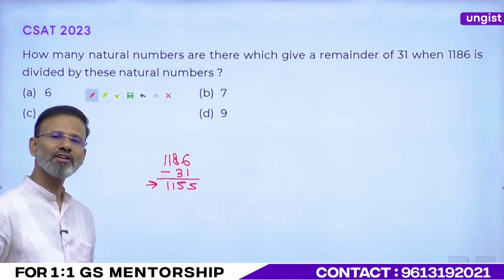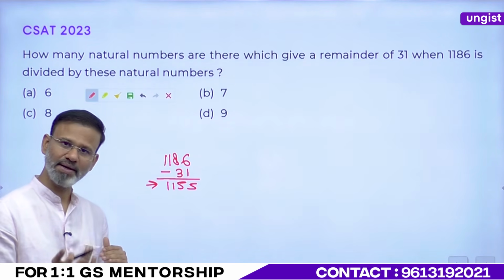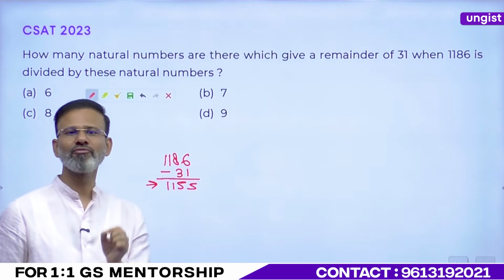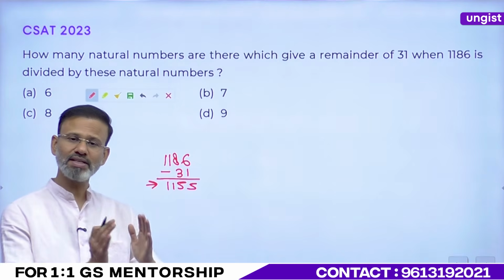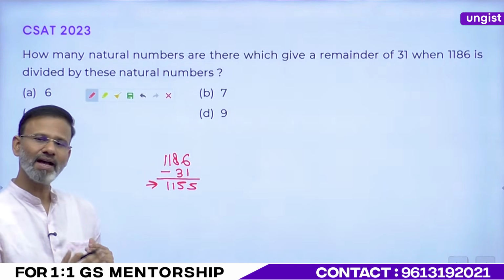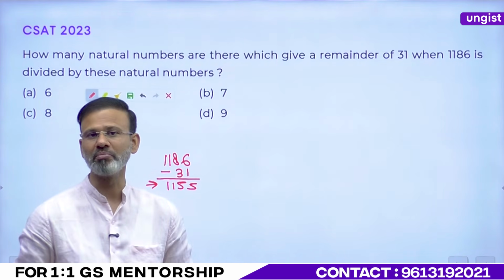So here we need to find the factors of 1155 that are greater than 31. I repeat, this question is trying to ask you to find the total number of factors of 1155 which are greater than 31. This is the actual meaning of this question. Everyone, finding the actual meaning and the context of the question is very important.